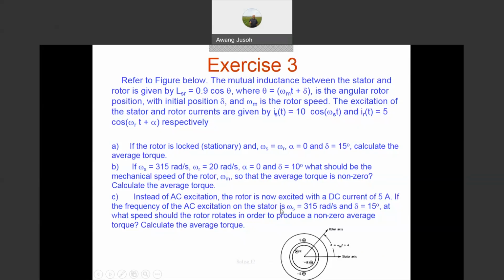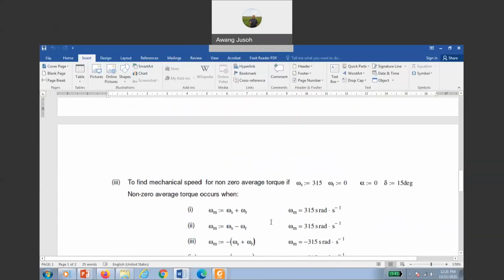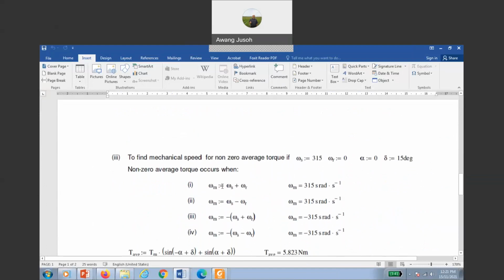Okay, this is like a synchronous machine. We know that in a synchronous machine, in order to have torque, the motor rotational speed must equal the speed of the stator flux, or the rotating magnet flux. So omega m equals omega s plus omega r. Since omega r equals 0, the speed of the motor is 315 or negative 315, which equals the synchronous speed.